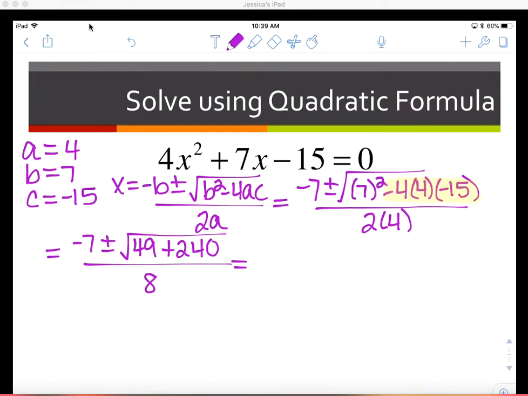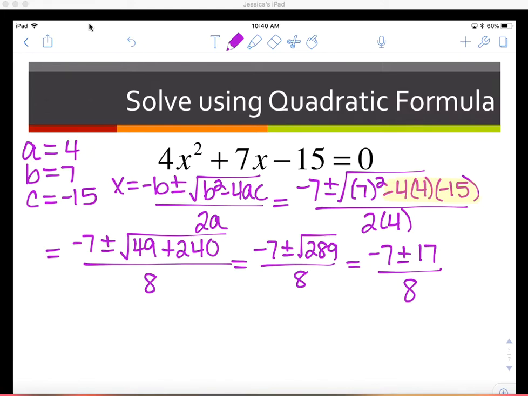From here, 49 plus 240 gives us 289, and 289 is a perfect square. We get 17. When you take the square root, since that's a perfect square, the square root sign will go away.